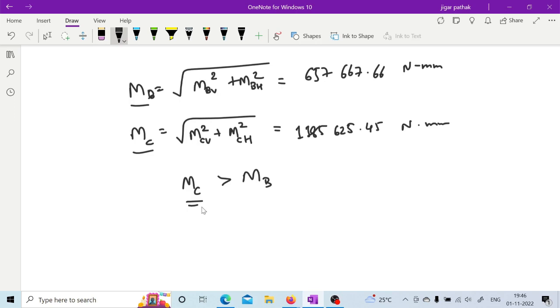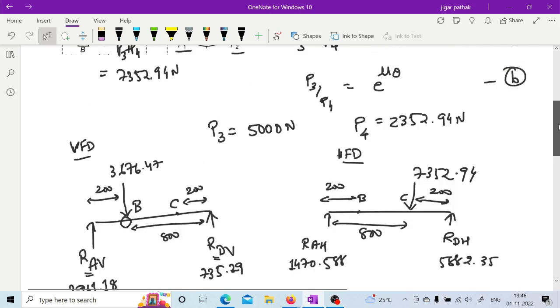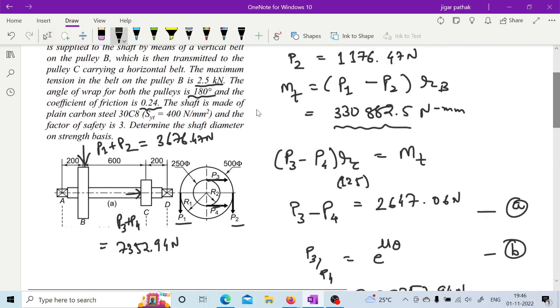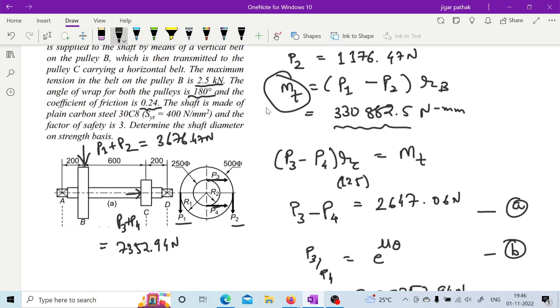Okay, so you have already calculated the torsional moment MT, right? You can see this is your MT. So MT is already with you, and the bending moment you have calculated.